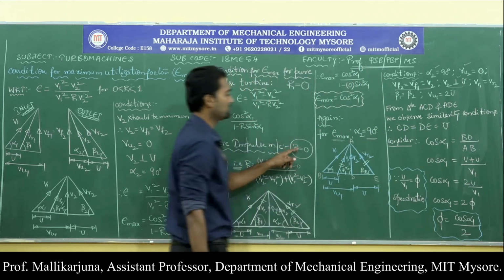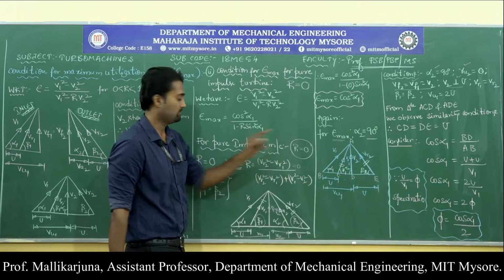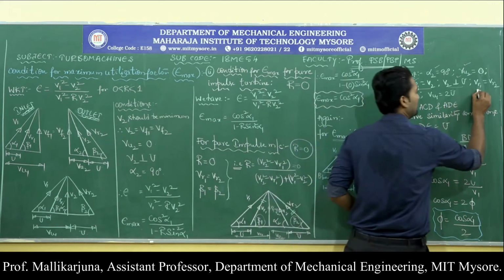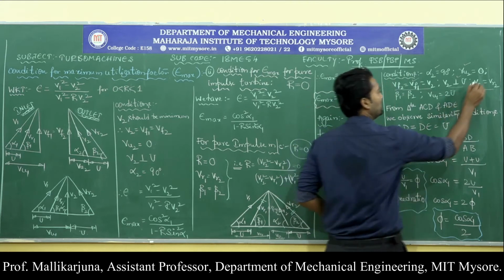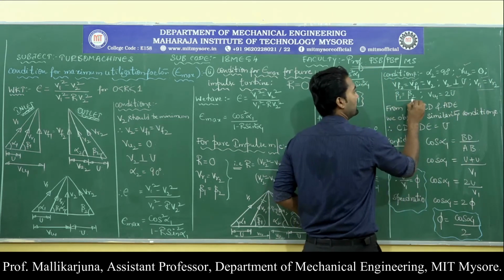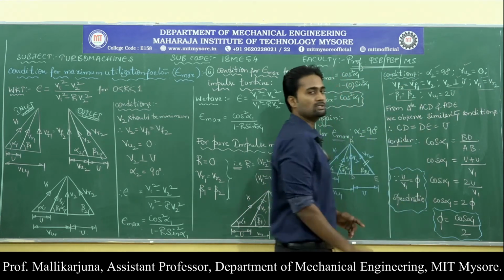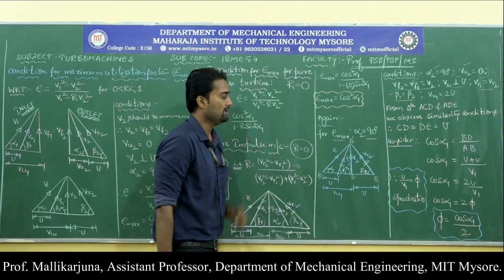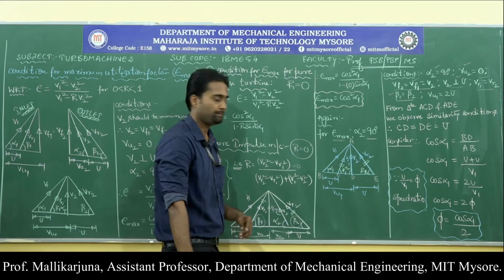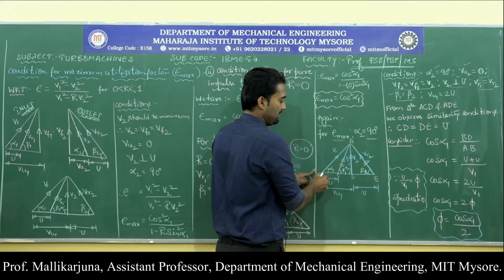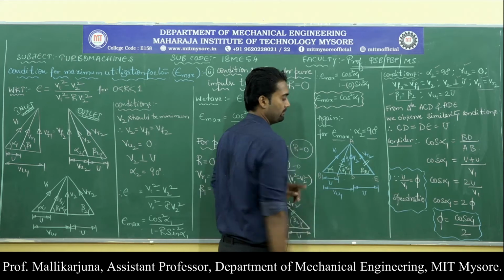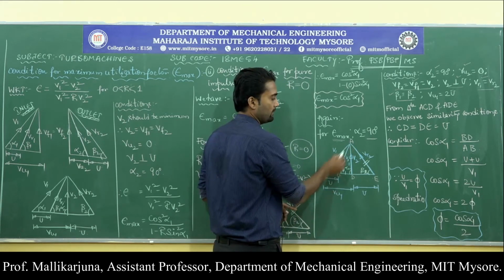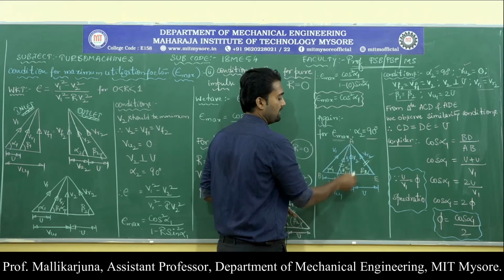Next, we are talking with respect to R equal to 0, pure impulse machine. VR1 is equal to VR2 for a pure impulse machine. If VR1 has to be equal to VR2, the only condition that makes VR1 equal to VR2 is beta 1 equal to beta 2. Now, if you look at the velocity triangle, I have named the triangles A, B, C, D, E. We have three triangles over here, ABC, ACD, ADE.